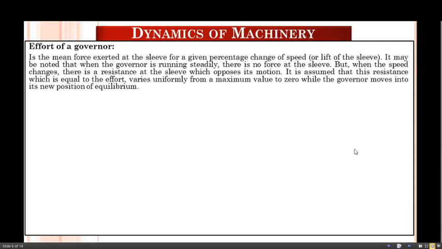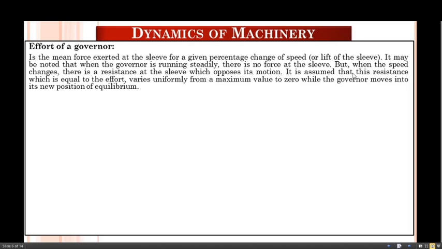Then the effort of the governor is the mean force exerted at the sleeve for a given percentage change of speed. It may be noted that when the governor is running steadily, there is no force at the sleeve, but when the speed changes, there is a resistance at the sleeve which opposes its motion.